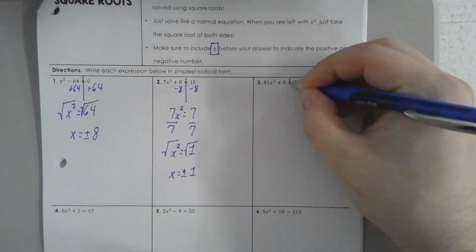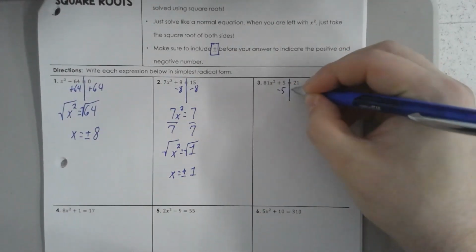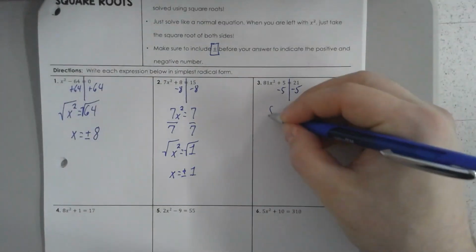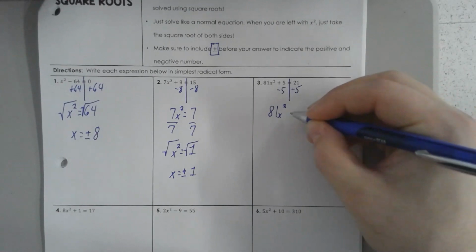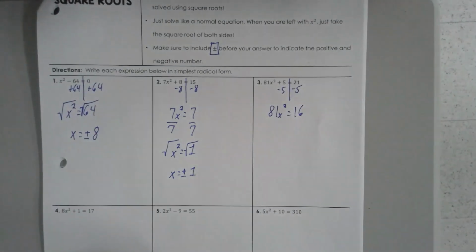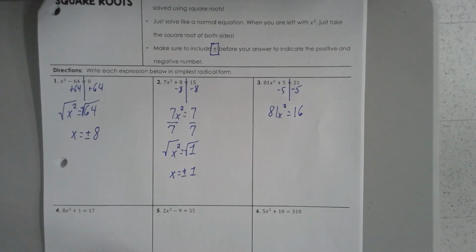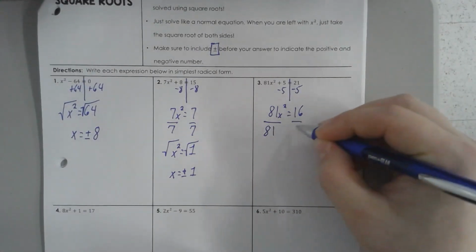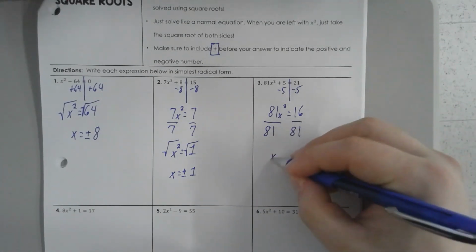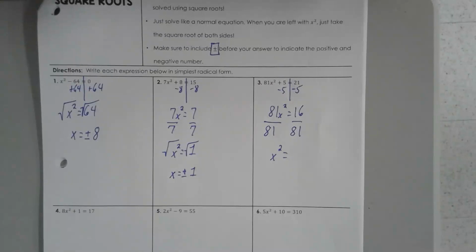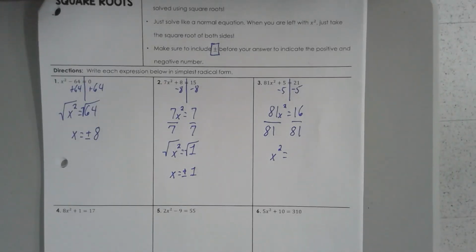First step, subtract our 5. 81x squared equals 16. Divide by our 81. Now at this point, should you put 16 divided by 81 in your calculator and get a decimal?